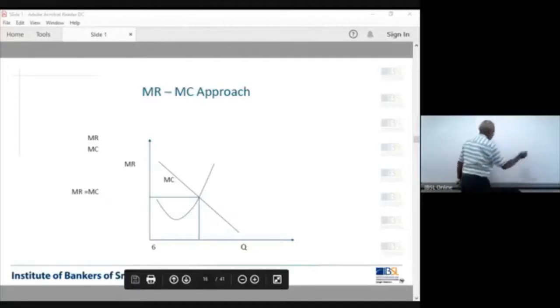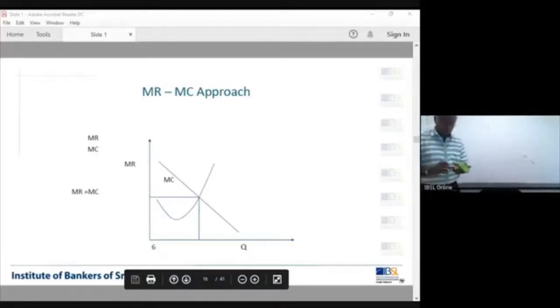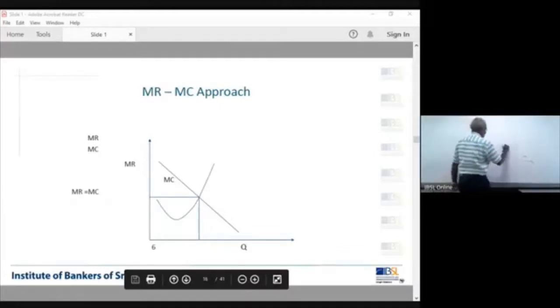You can draw this output and MR. If you plot the MR curve, it's a straight line. Output 1, 2, 3, 4, 5, 6, 7, 8, 9, 10. MR. The MC curve is a U-shaped curve. Now this is my MC curve.